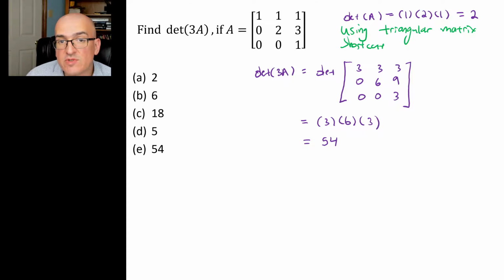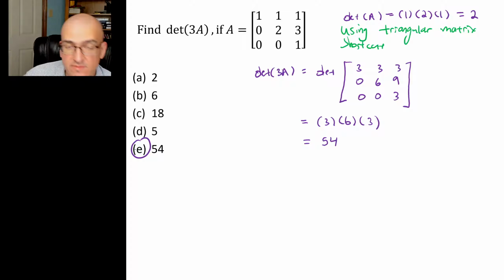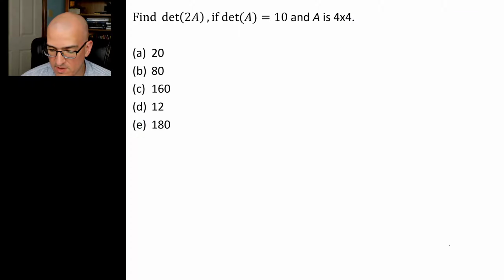So it is not as simple as just multiplying that constant by whatever the determinant of the original matrix is. Might as well circle the right one, E, 54.